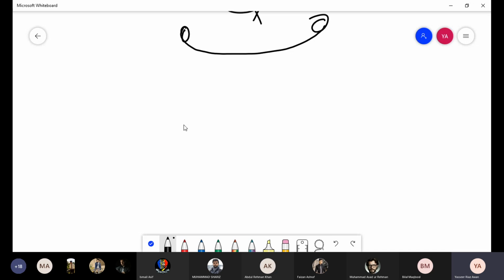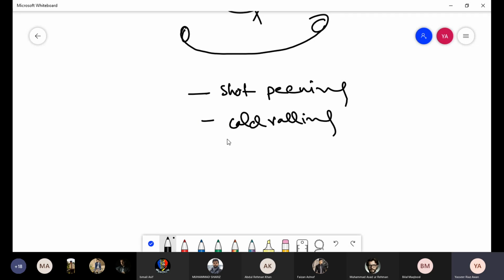There are also other methods by which we can induce compressive stresses. One is shot peening, where we have small balls that we hammer onto the surface, or you have cold rolling, which again plastically deforms the surface.